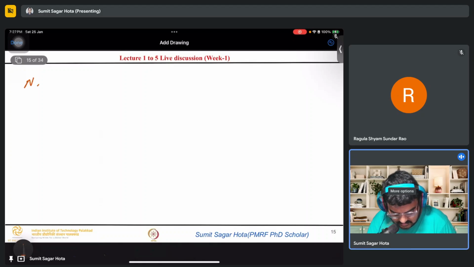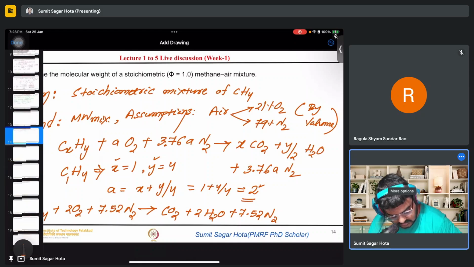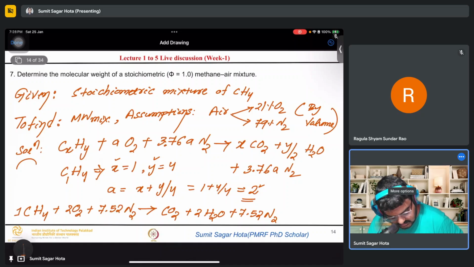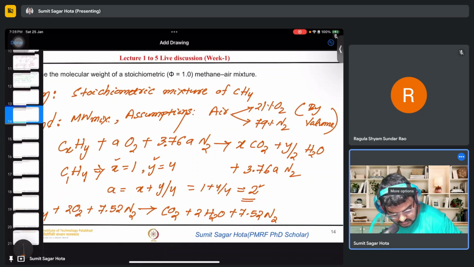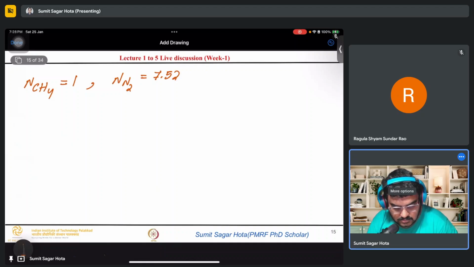So if you see, the number of moles of CH4 comes out to be 1. Okay. Since for CH4, only 1 is there. Okay. For O2 it will be 2, for N2 it will be 7.52. Okay.